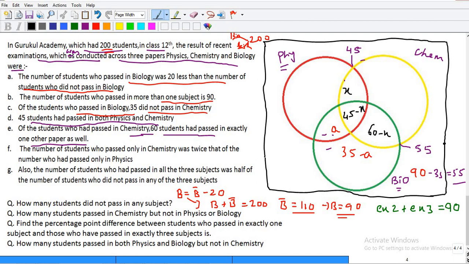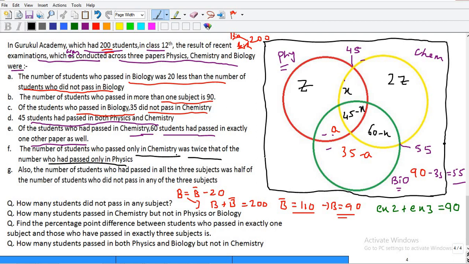The number of students who passed only in chemistry was twice that of the number of students who passed only in physics. So if the number of students who have passed only in physics is, let's say, z, then this would be nothing but 2z.